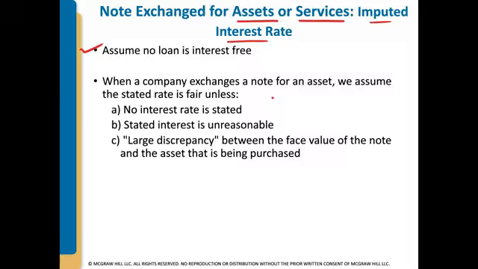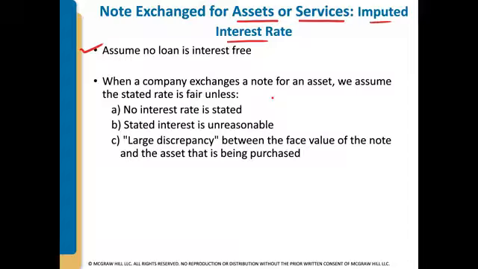So when we have a note for an asset, say I buy a machine for $1,000 and I give you a note instead of cash, we assume that the $1,000 includes interest.